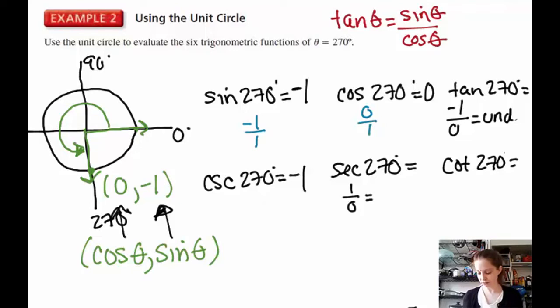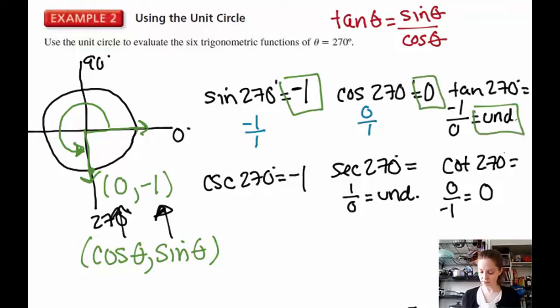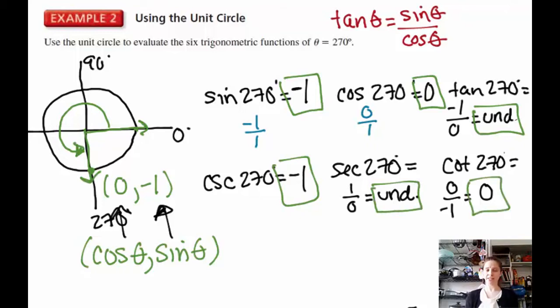You cannot divide by 0, so this is undefined. And then cotangent is going to be 0 over negative 1, which is 0. So let me highlight the correct answers. And there you go. Those are the 6 trigonometric functions of 270 degrees.